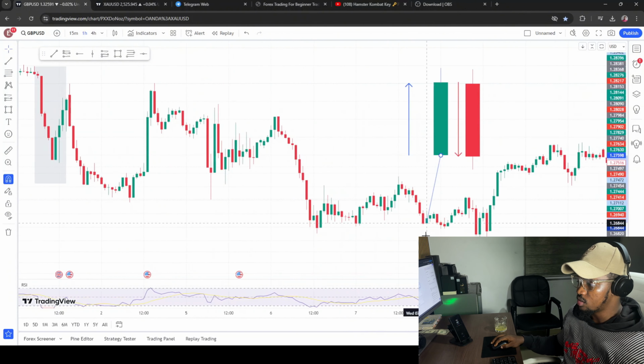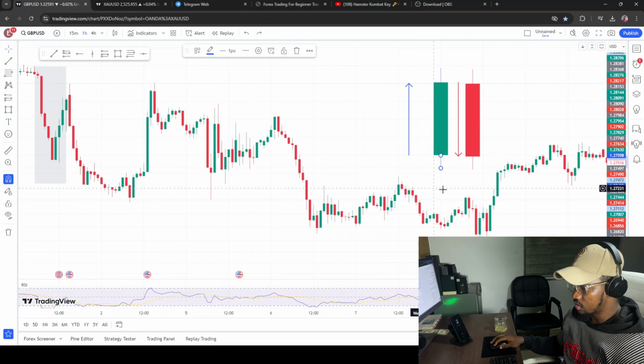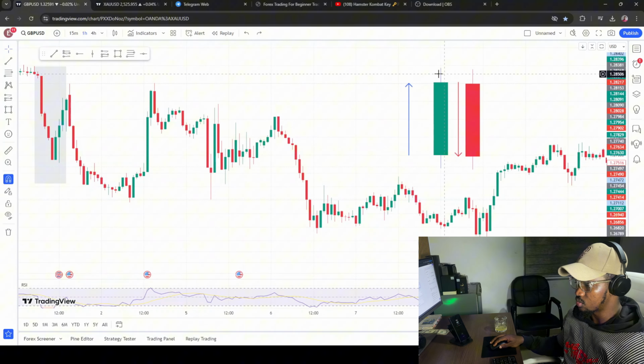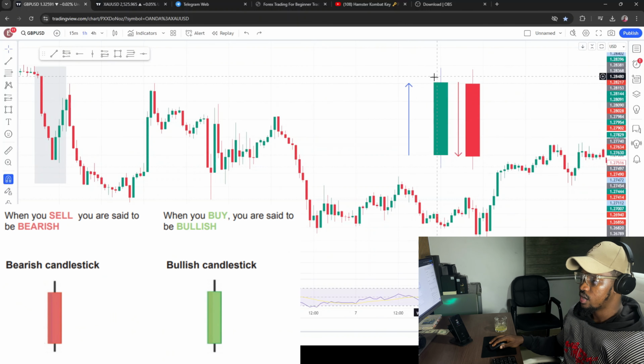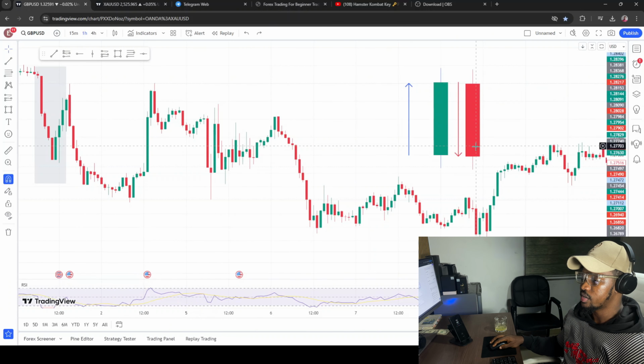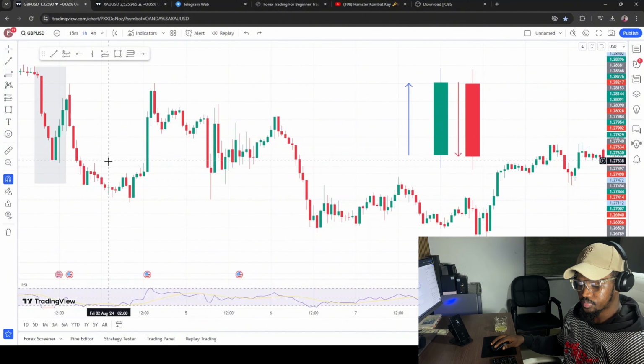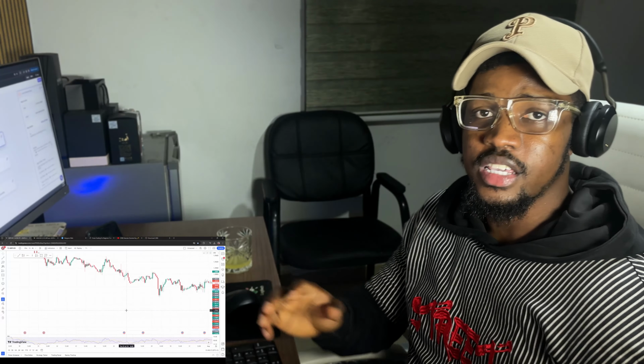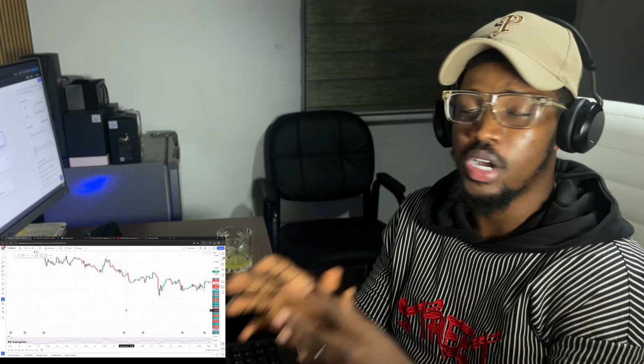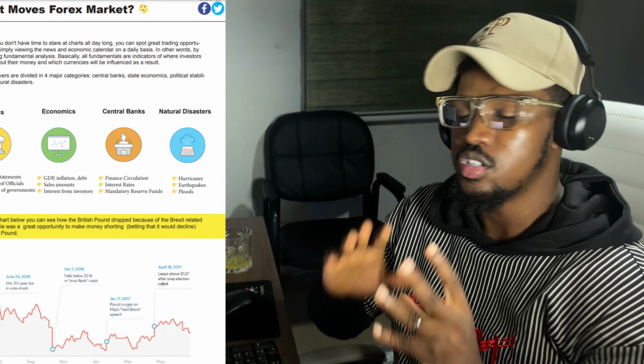So to explain candles, this is what the candle is. This green means the market started from here and went all the way to this place, while the red means the market started from here and went all the way down here. That is candlesticks.